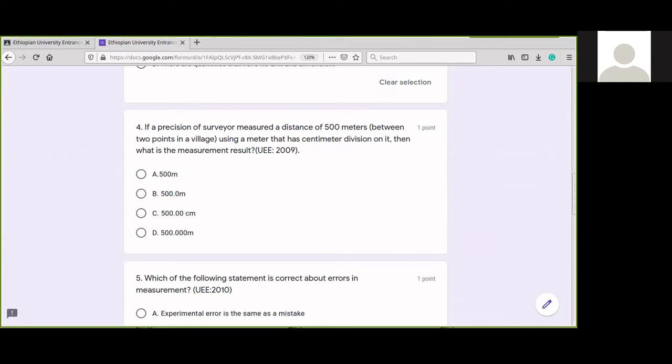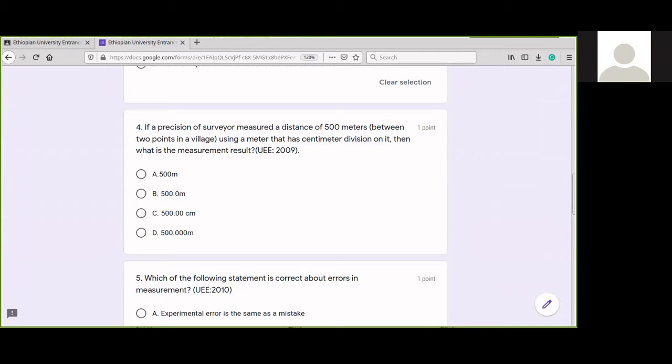If a surveyor measured a distance of 500 meters between 2 points in a village using a meter that has centimeter division on it, then what is the measurement result? A, 500 meter, B, 500.0 meter, C, 500.00 meter, D, 500.000 meter. It is centimeter division, yes?